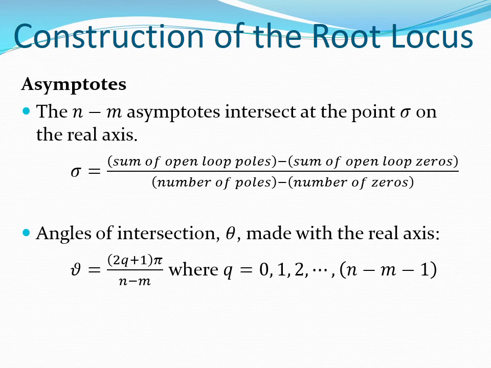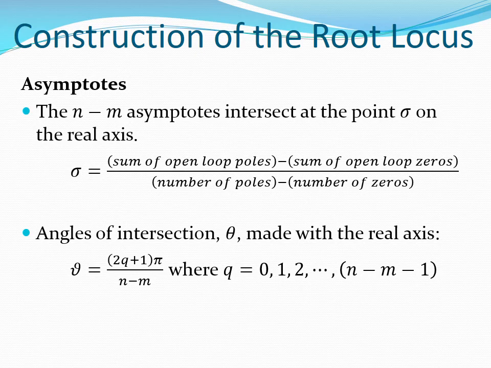If there are asymptotes in the root locus, the next step is to obtain the asymptotes. The asymptotes intersect at the point sigma on the real axis. The value sigma is equal to the sum of open loop poles minus the sum of open loop zeros, divided by the number of open loop poles minus the number of open loop zeros.